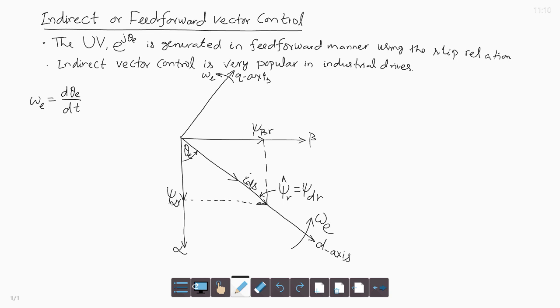This is the IDS, and this is the IQS, the q axis stator current, and this is the stator current vector IS.